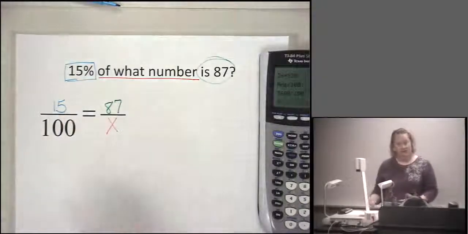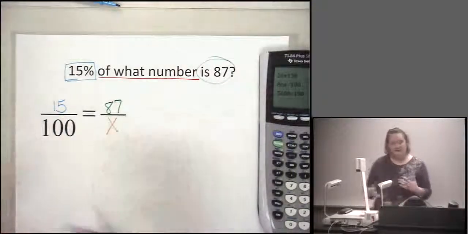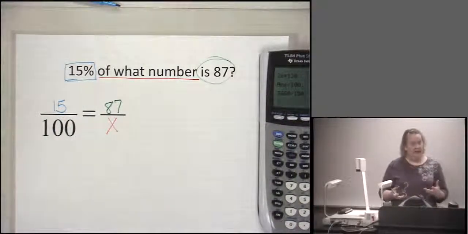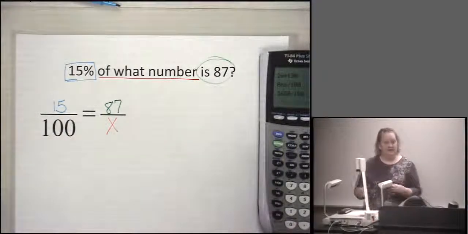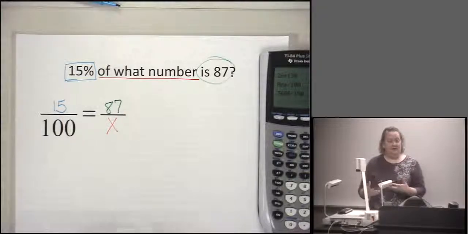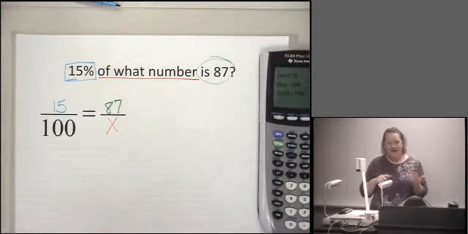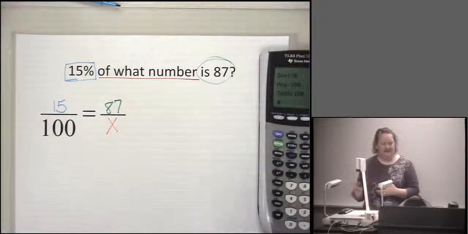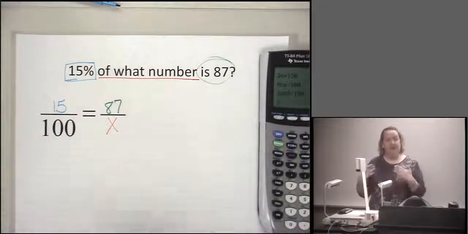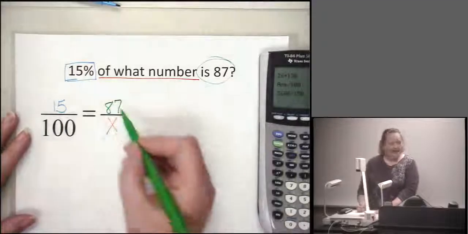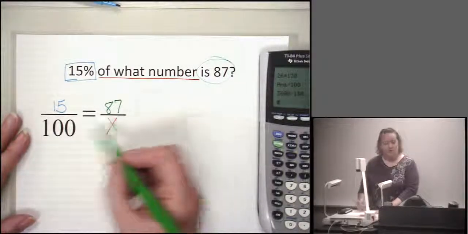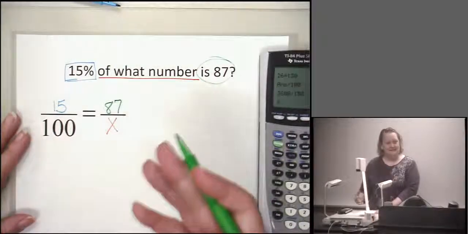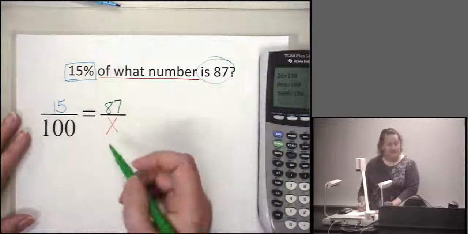Then I just cross multiply. Notice that these can be worded in a couple of different ways. They can be anywhere in the sentence depending on how it's worded. And because of that, I find that pattern of the way I look for things just makes life easier if I always look for things in the same order. I can actually look for them in a different order. Your teacher may look for them in a different order, but this is the order that makes sense to me so that we're always on the same page.